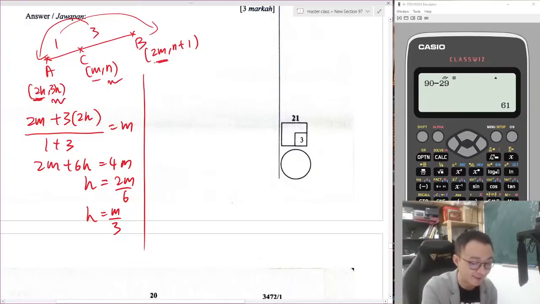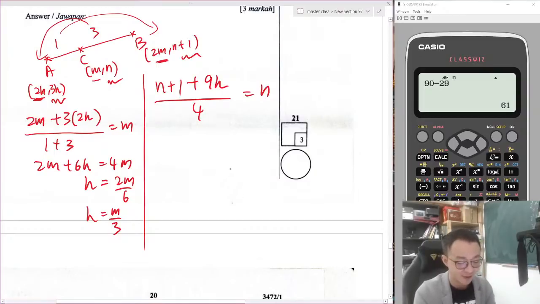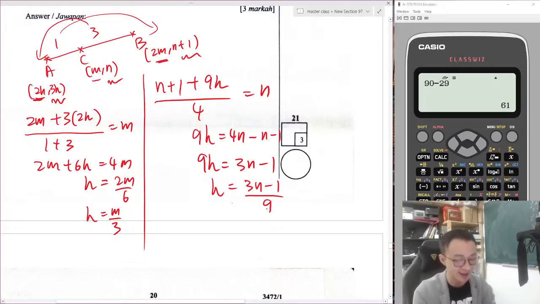I do the same thing for y. Take the 1, multiply this one, m plus 1, plus 3 multiply 3h, 9h over 4 equals to n. So 9h equals to 4n minus n minus 1. 9h equals to 3n minus 1. h equals to 3n minus 1 over 9.